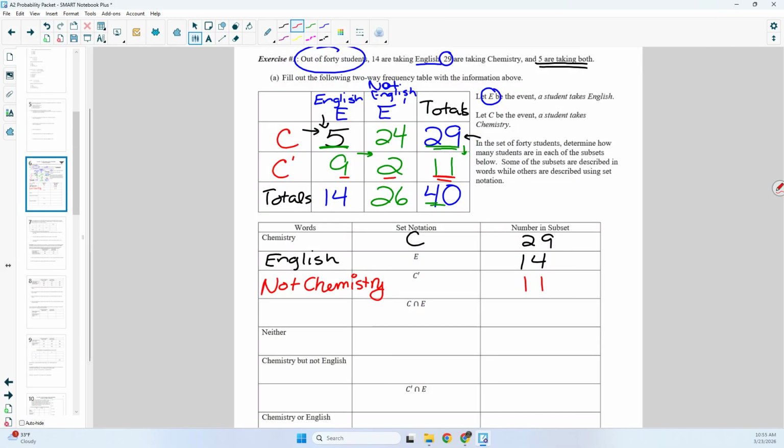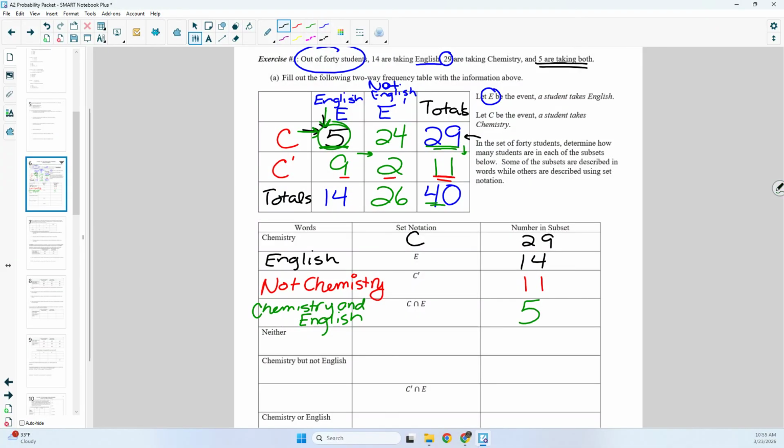This here means an intersection, C intersect E, so that means chemistry and English. So if I take the chemistry and the English, I want it to be in both the chemistry row and the English column, that number is a 5.